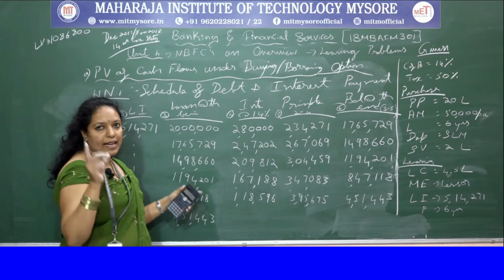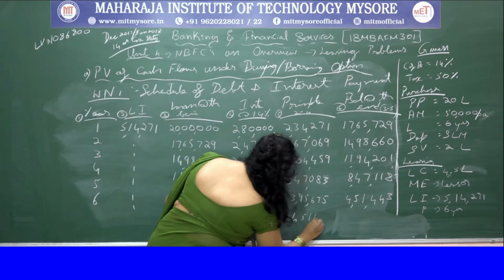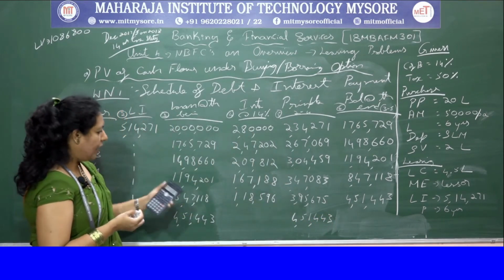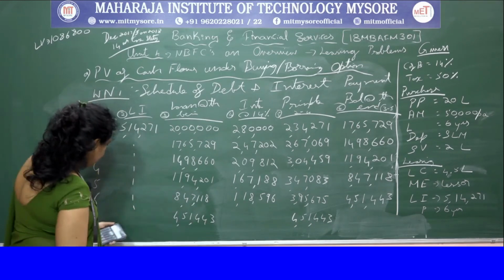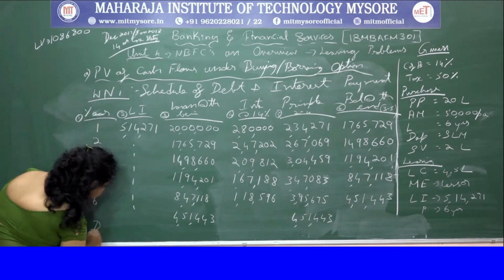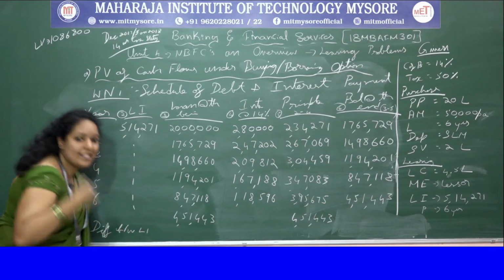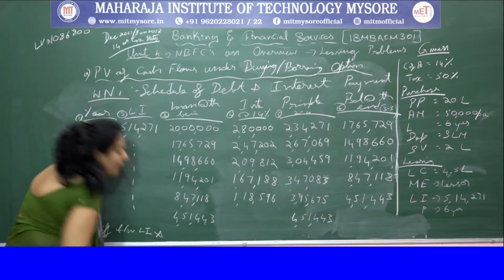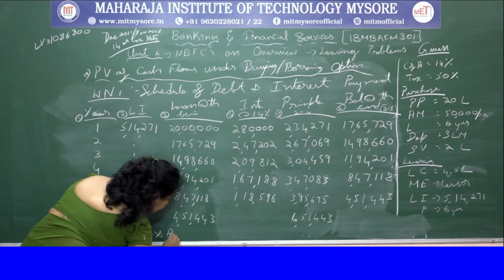In the last case, I've told you whatever balance is there, that will be the principal, and remaining you have to find the balancing figure. So here, I don't have much space, I'll write in short form: difference between the loan installment and balance at the year end.